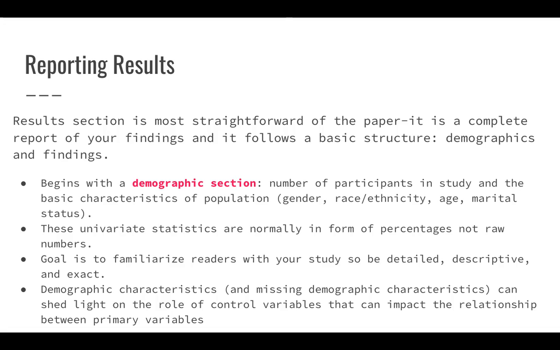And they were probably meaningful because you noted that people use them in the literature as common control variables. And so you talk about this information usually in the form of percentages, not raw numbers, because that helps your readers get a better sense of their significance. And that really is the goal of this section: you want to familiarize your readers with your study.